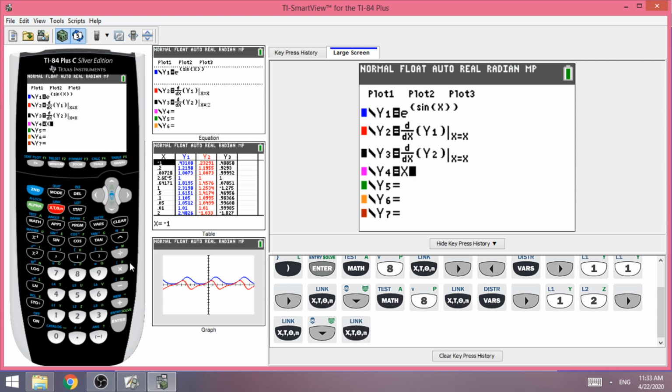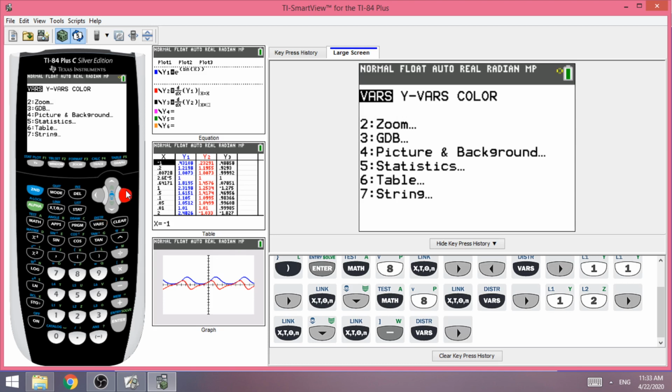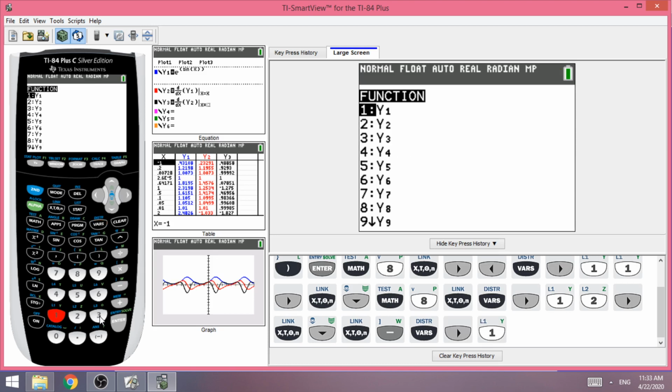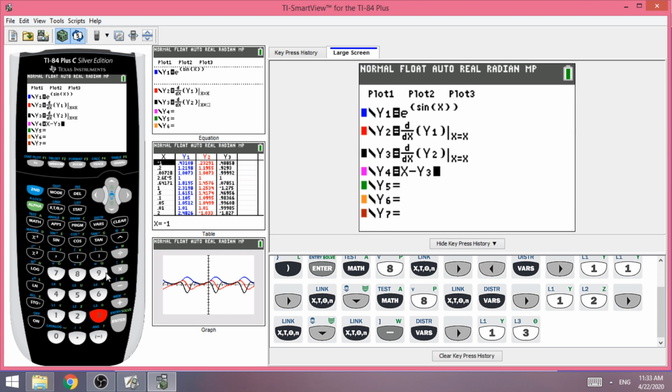And now for the y4, this time we want to put in the Newton's method. So it's x minus, okay, so y3, which is the second derivative. So then that'll be vars, y vars function, y3 divided by the derivative of y3.